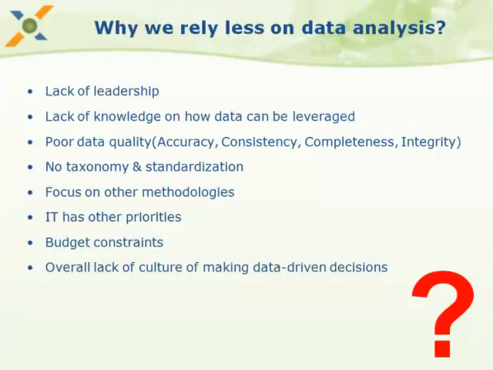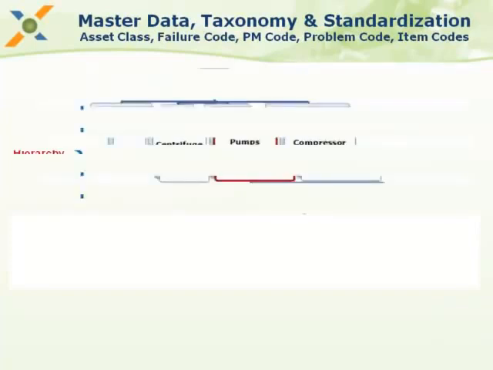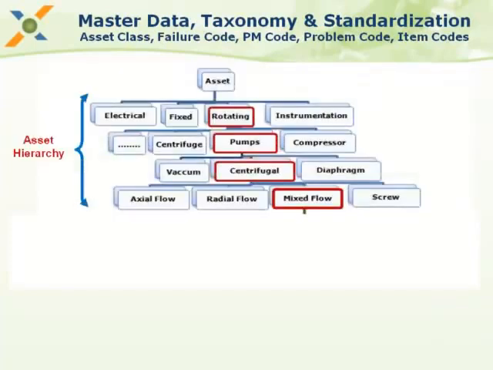I was just trying to see how people are feeling. That's really one of the big issues where we feel standardization can really help in analyzing the data. So having a good asset hierarchy, and this is just an example, you may define the hierarchy in multiple ways. It doesn't have to be exactly this way.